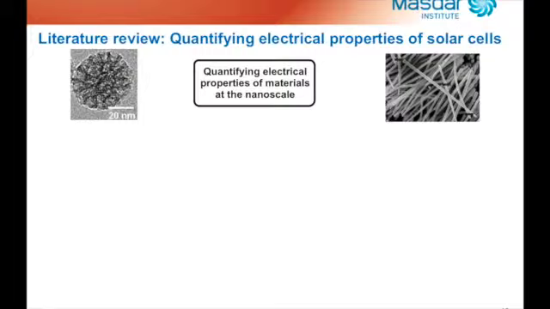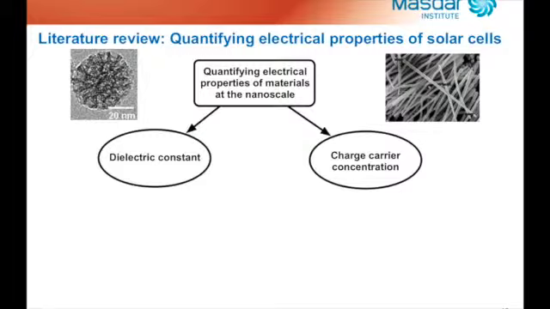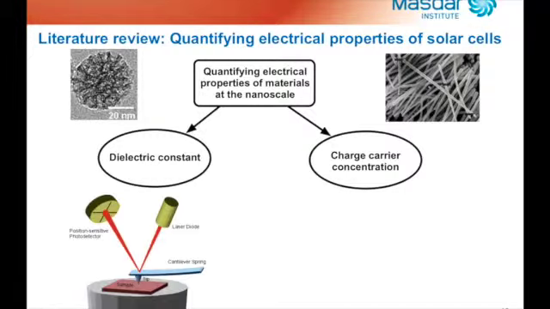In particular, I will focus on determining the dielectric constant and the charge carrier concentration, which are two parameters that are crucial and very important in order to tune and optimize the properties of solar cells. For this purpose, I will use an atomic force microscope.